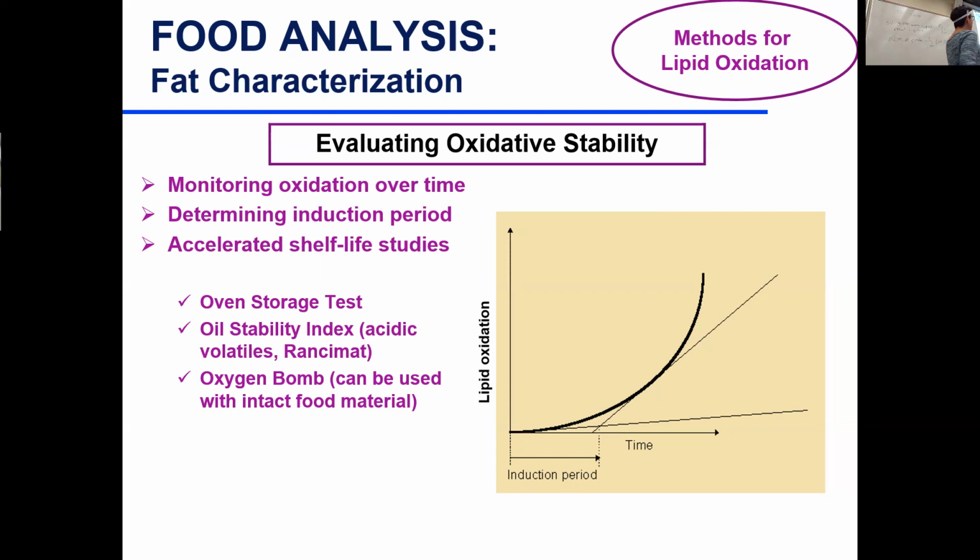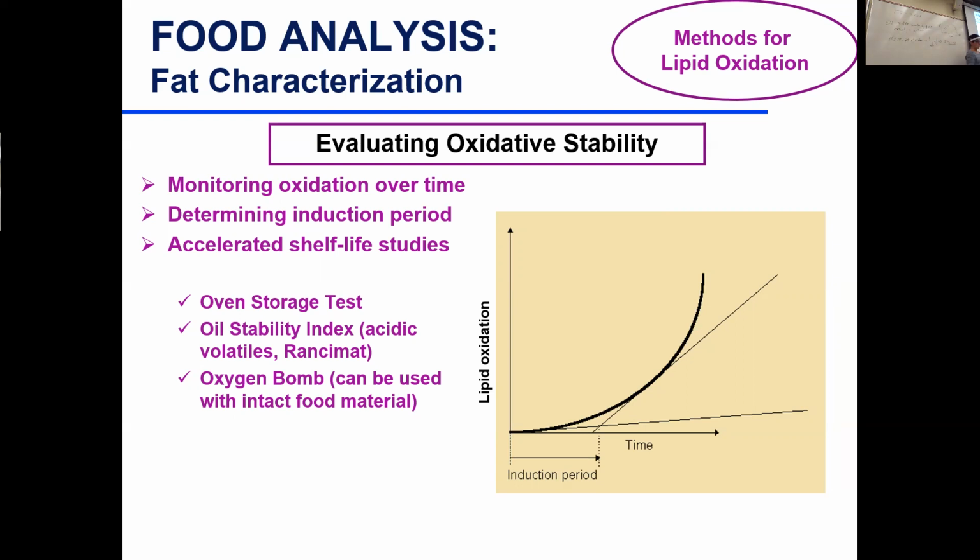So your oil samples will be stored in an oven at high temperature for several hours, and the sample will be taken out at different intervals. And then you will measure oxidation at each of these intervals. And that's what the oven storage test is.